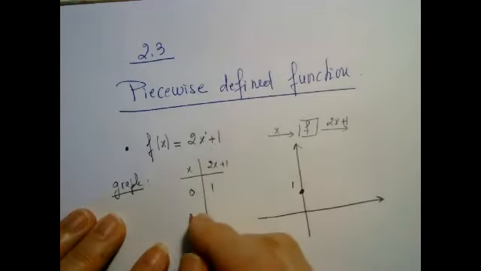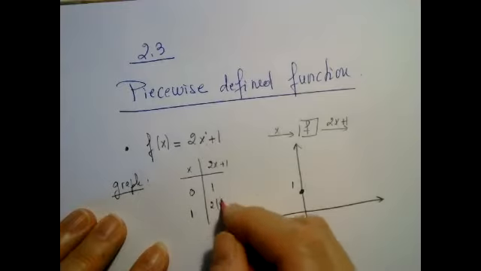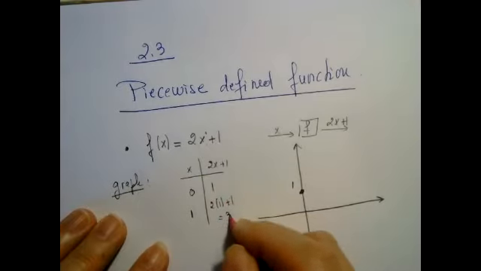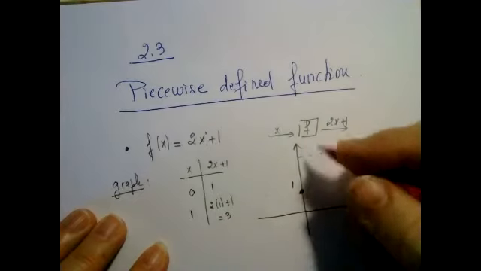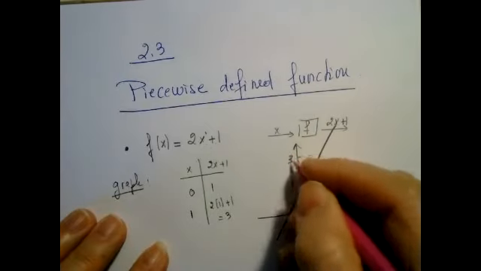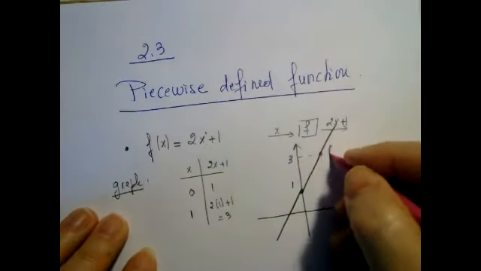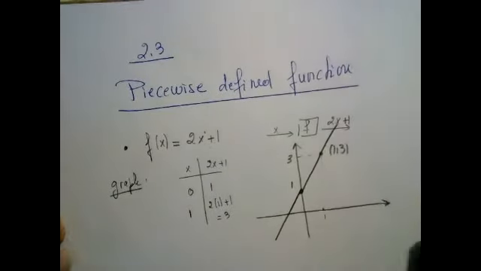I can put anything else, say 1, and I would get 2 times 1 plus 1, which is 3. So this is the point (1, 3), and I graph it. That will be my function. So this is a function given by only one rule.